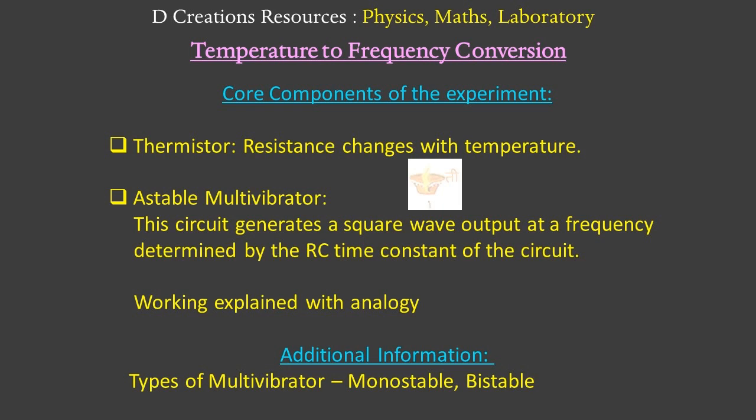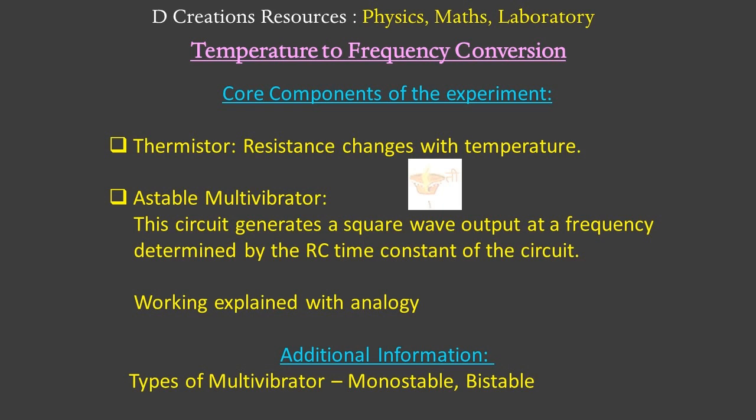And usually these materials are chosen for their high temperature coefficient of resistivity, meaning that their resistance changes significantly with temperature changes. Now, the shape of a thermistor could be a bead or a disc or a rod, and they are often encapsulated in epoxy or glass for protection and to maintain their characteristics.